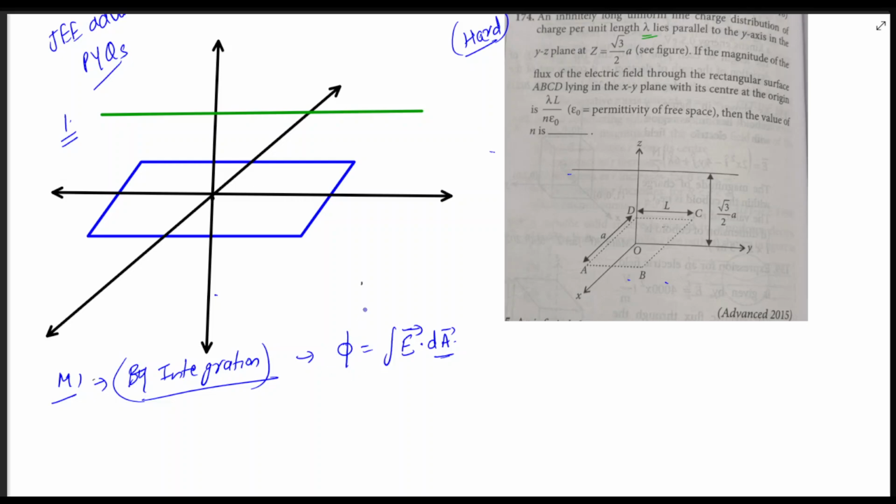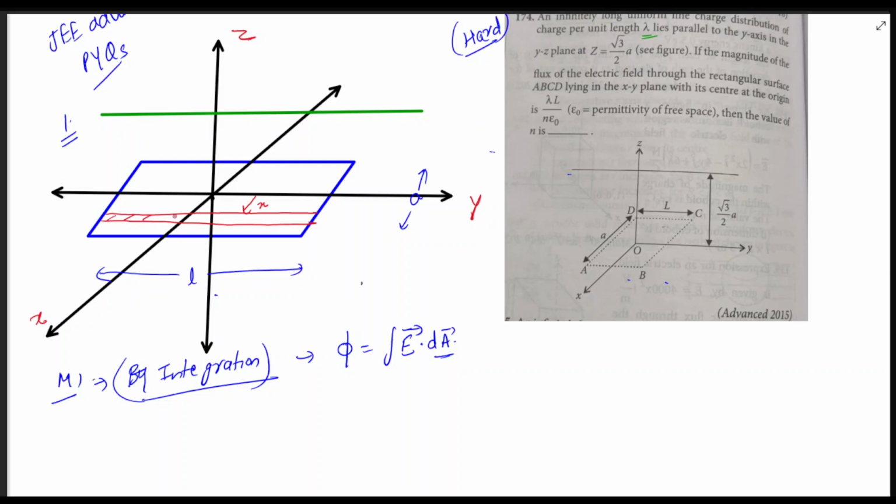Let's start. This length is a and this length is L. This is our y-axis, this is our z-axis, and this is our x-axis. Let's take an integrating element in the xy plane like this, at a length x.